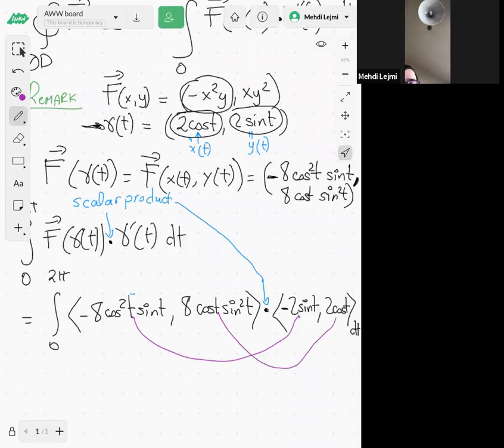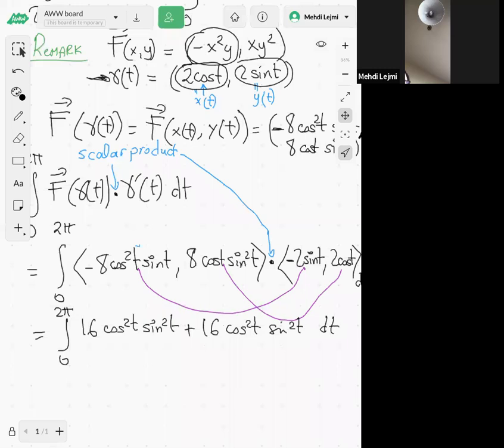So that will be equal to the integral from 0 to pi, and that will actually be equal to 16 cosine square sine square of t plus another 16 cosine square sine square of t dt, right?